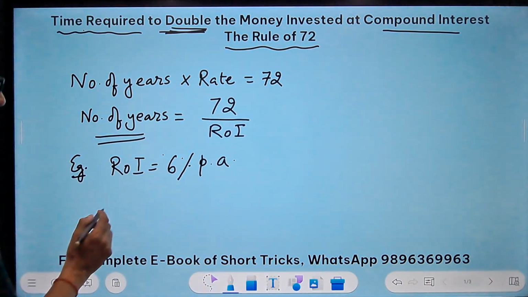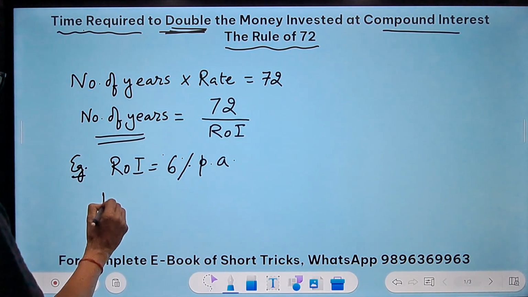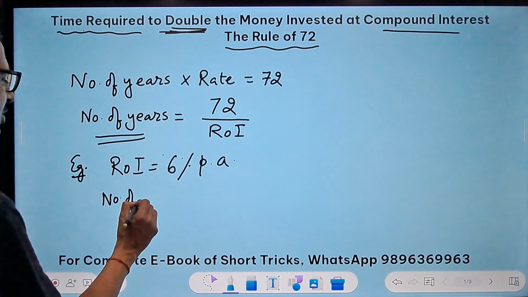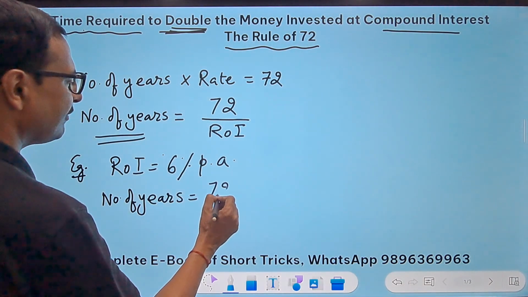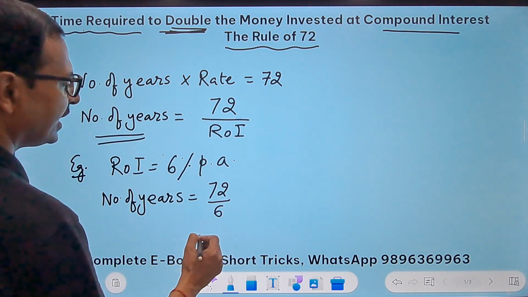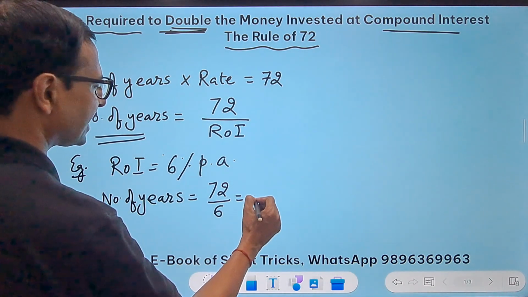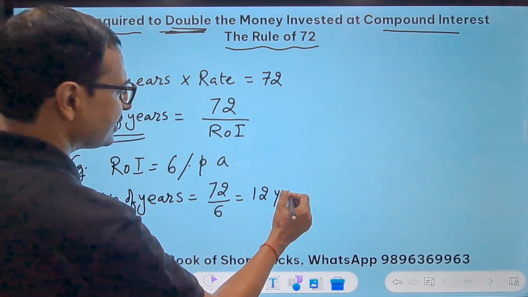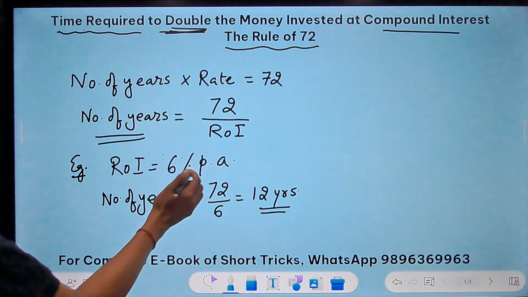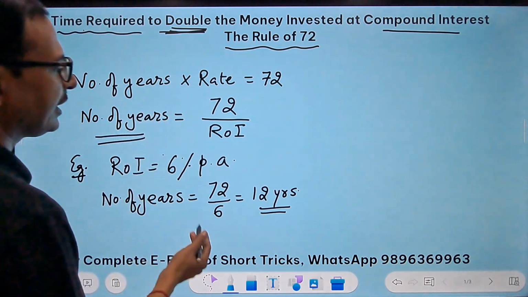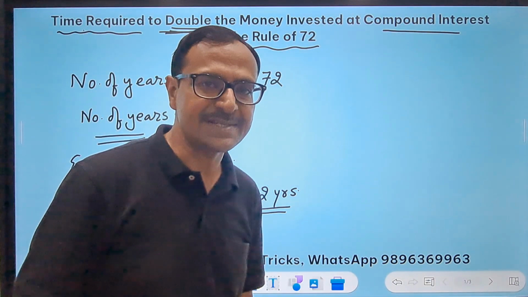So at 6% per annum, the time in which the money will double itself will be 72 divided by the ROI 6, and that gives us exactly 12. So in 12 years time, at 6% per annum compound interest, the money invested will become 2 times itself.